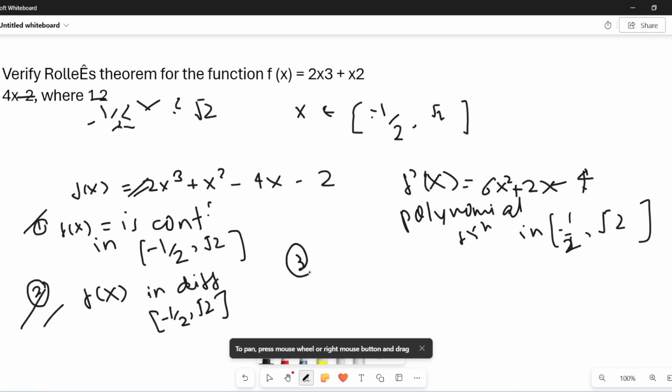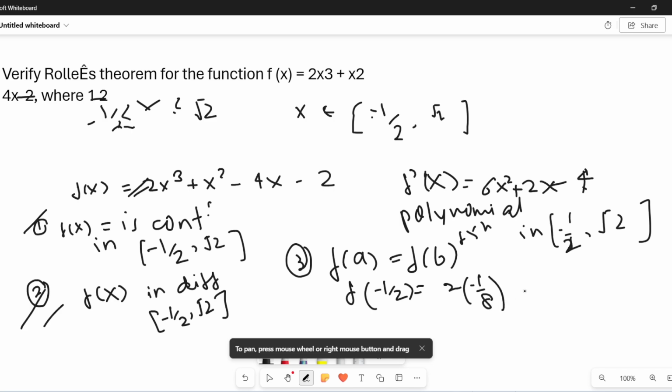Now check the third condition: whether f(a) equals f(b). Check f(minus 1 by 2): 2 into minus 1 by 8 plus 1 by 4 minus 4 into minus 1 by 2 minus 2. This will give 0.